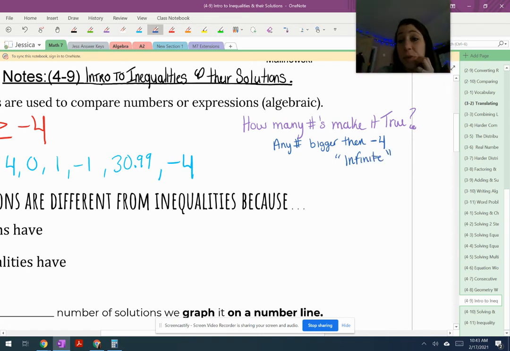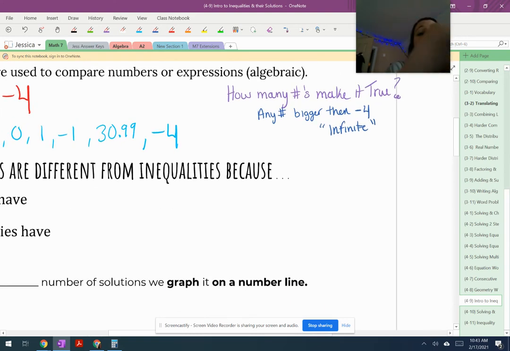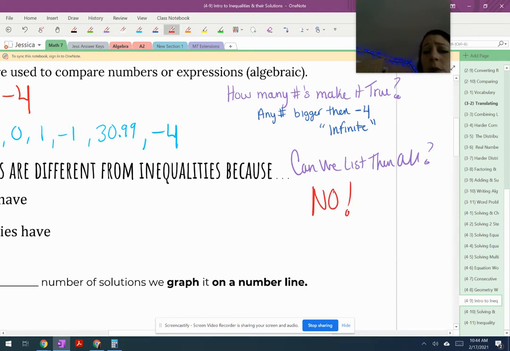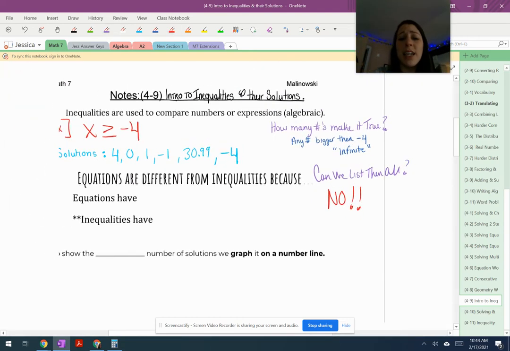Right? An infinite number of numbers that I can't even count up to are greater than -4. So then that leads us to the question, can we list them all? And no, we cannot list all of them. We cannot count to infinity. We can't write to infinity. We can't do anything to infinity. So there's no way we can list them all.